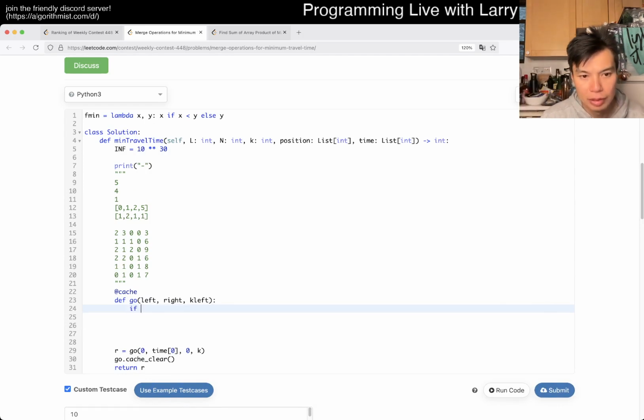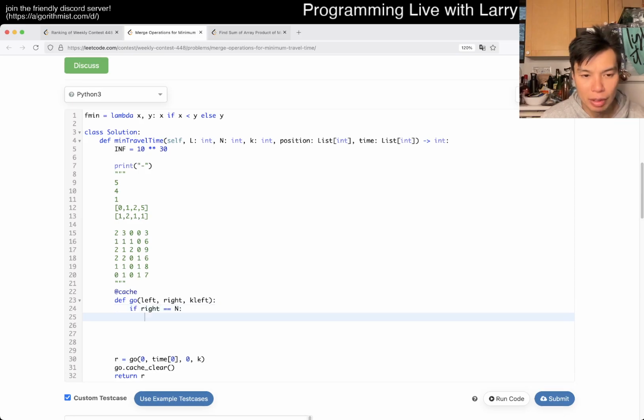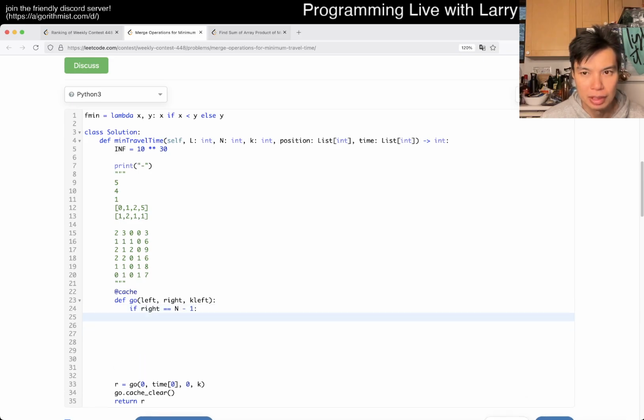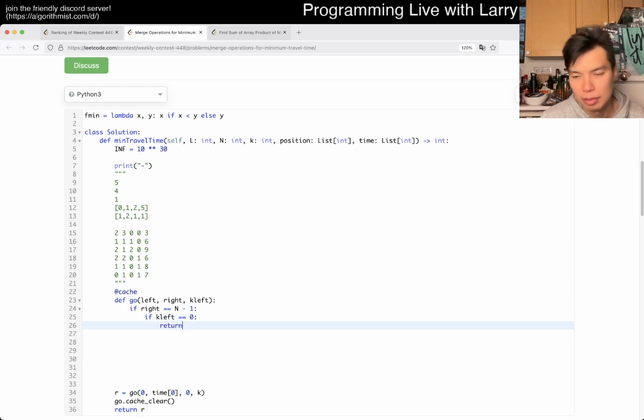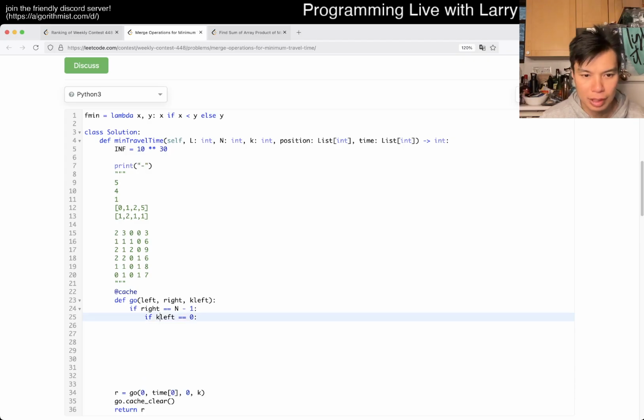So if right is equal to n, then we are done. Then now we want to get, well, just even n minus 1, let's just say. So then now if k left is equal to 0, I guess, then we return, or if it's not equal to 0, then we just return infinity.